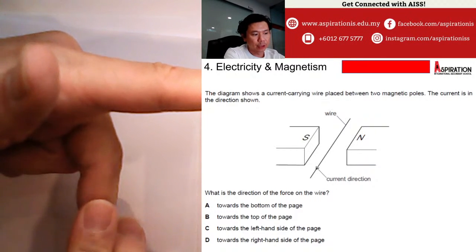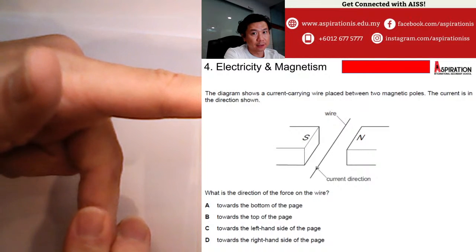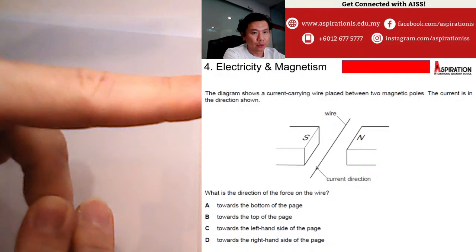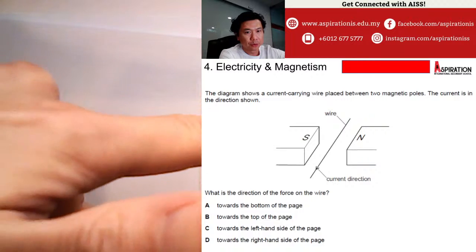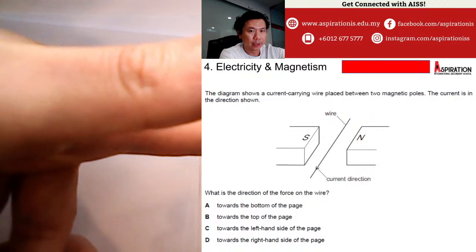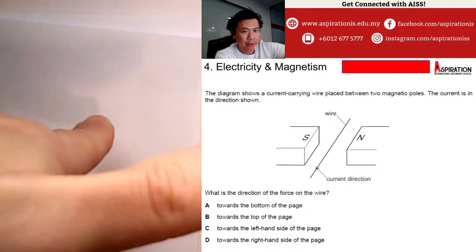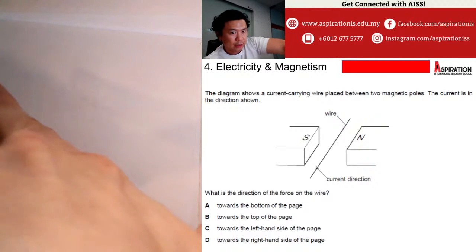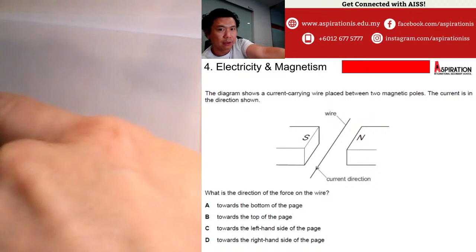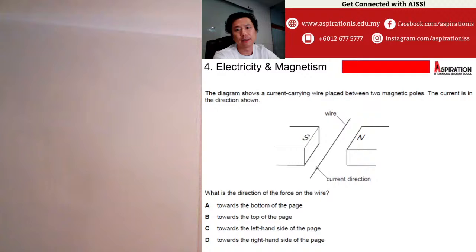So how do I change the index finger's direction without moving my middle finger? I'm holding my middle finger so that it doesn't change direction, but my index finger is pointing the other side. I'm having difficulty, guys. But yeah, the answer is A, towards the bottom of the page.